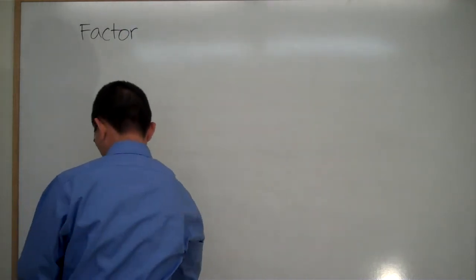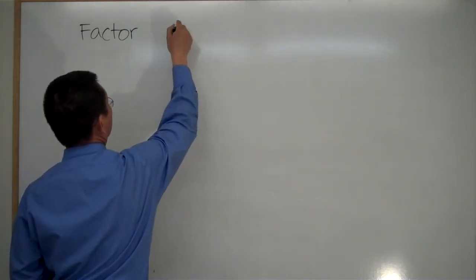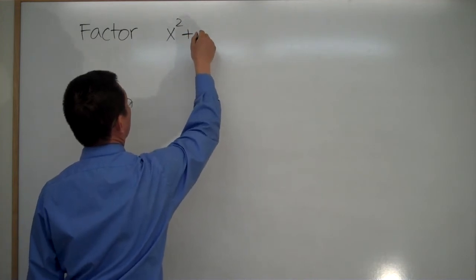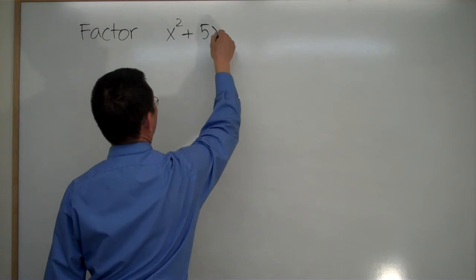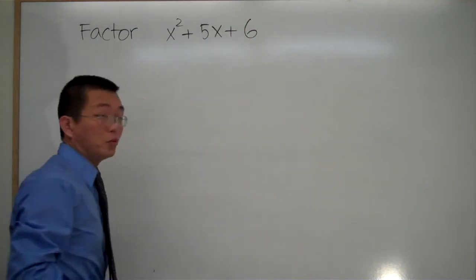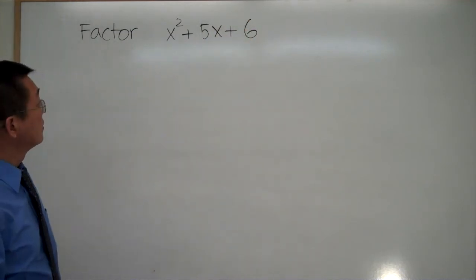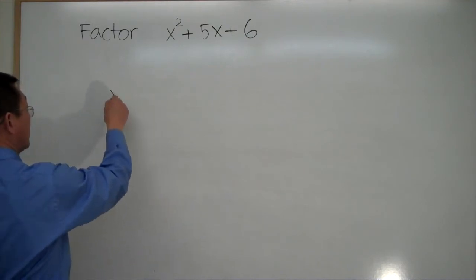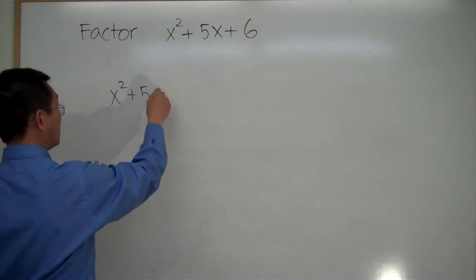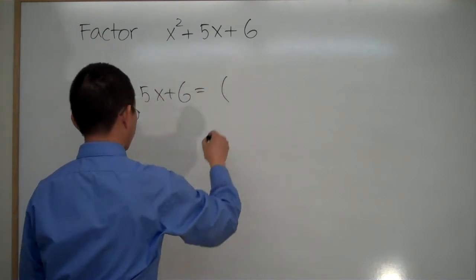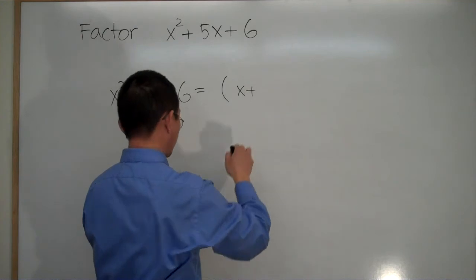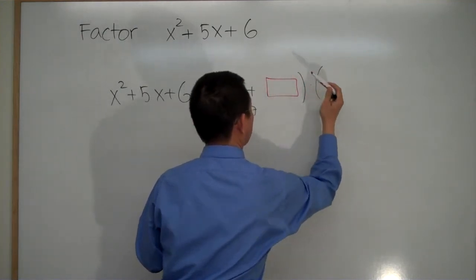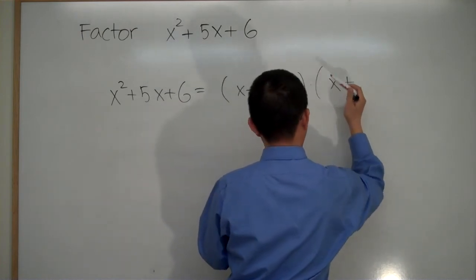So our next example is this. We'd like to factor x squared plus 5x plus 6. We do a similar thing. x squared plus 5x plus 6. We'd like to write this as x plus a number times x plus another number.